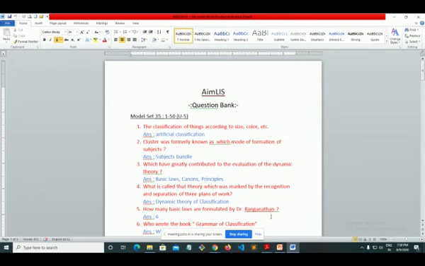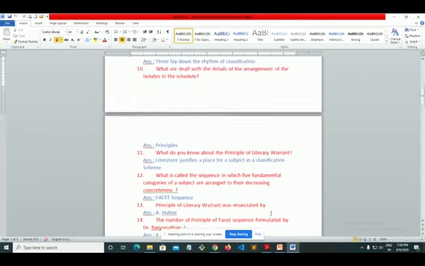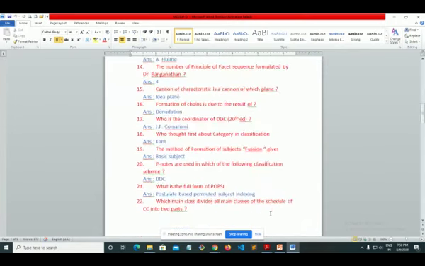Basic laws, canons, principles. Number 4, what is the theory marked by the recognition and separation of 3 planes of work? Answer: dynamic theory of classification. Number 5, how many basic laws are formulated by Dr. Ranganathan? Answer: 6. Just like this, there are 50 objective questions with answers.